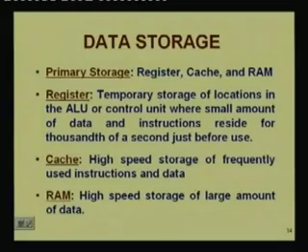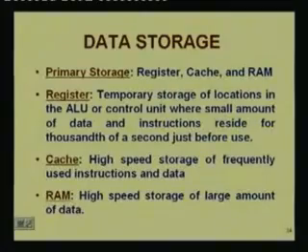They are slow to that extent. So that is where the cache comes in, right, that you have registers, and registers are overcrowded, so make use of cache. RAM is the high speed storage of large amount of data. Everything happens inside the RAM.